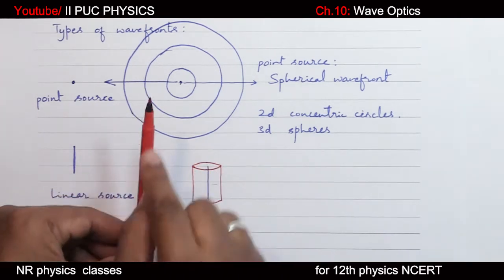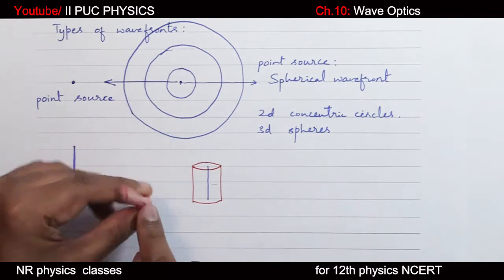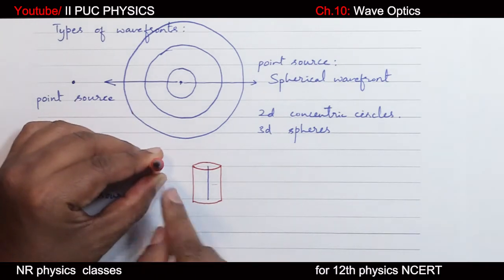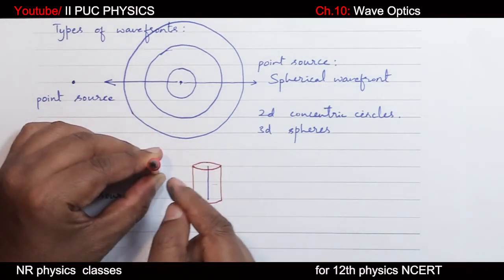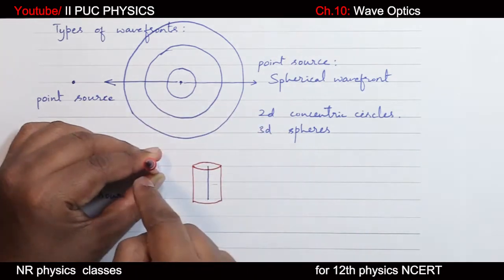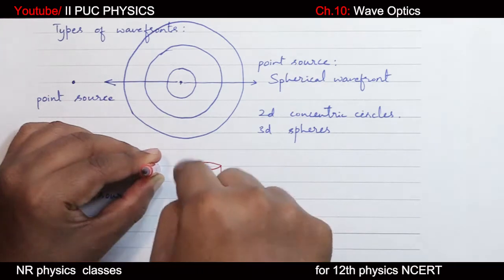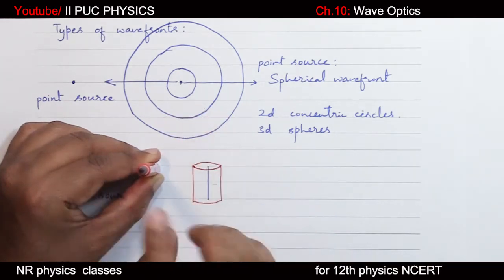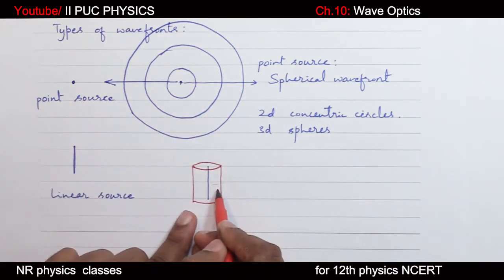See, this is the linear source. 2 centimeter in this direction, 2 centimeter in this direction, 2 centimeter in this direction. If you consider 2 centimeter in all directions, then it looks like a cylinder. So this is that cylindrical wavefront.